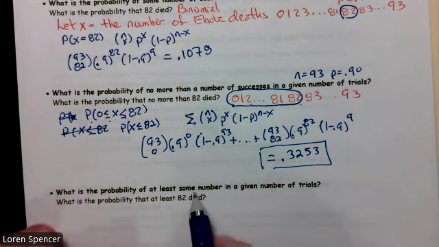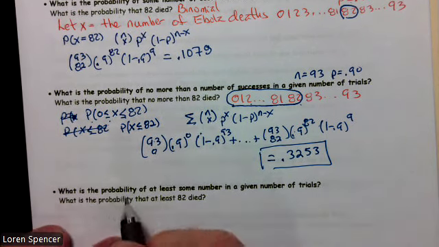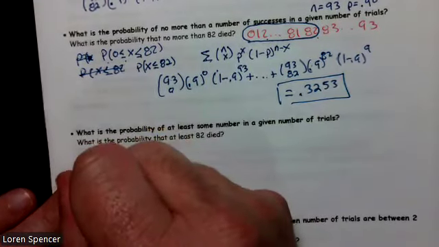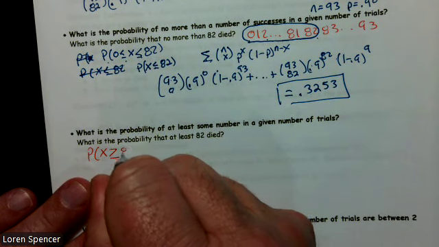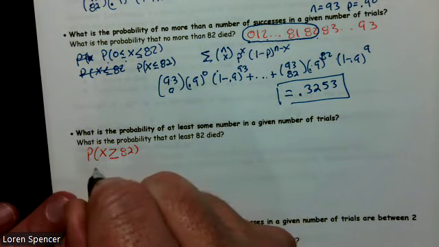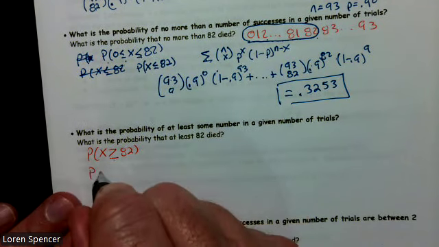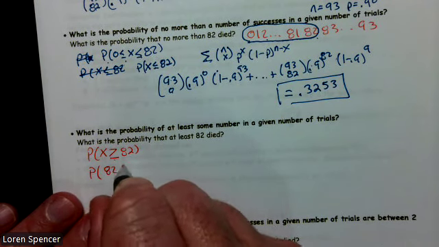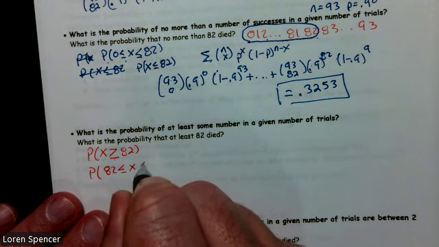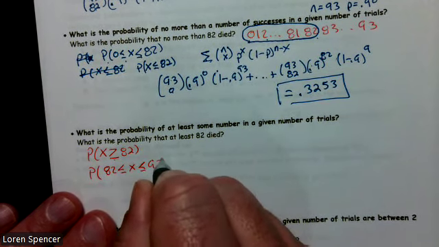What's the probability that at least 82? So in this case, we want the probability that X is greater than or equal to 82. And we could have written it also as the probability that 82 is less than or equal to X is less than or equal to 93.